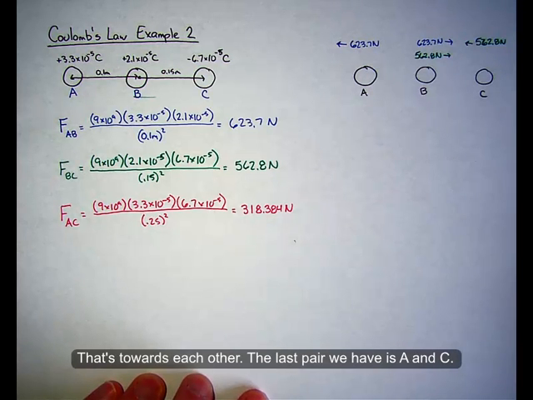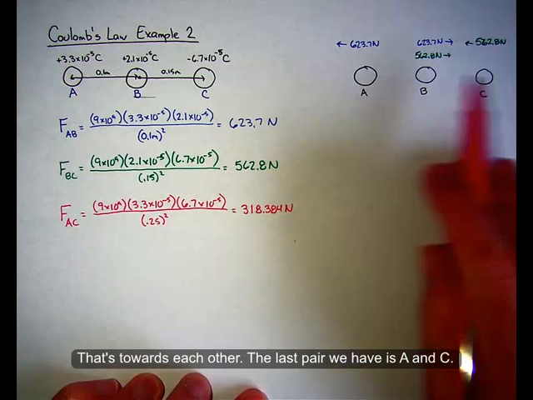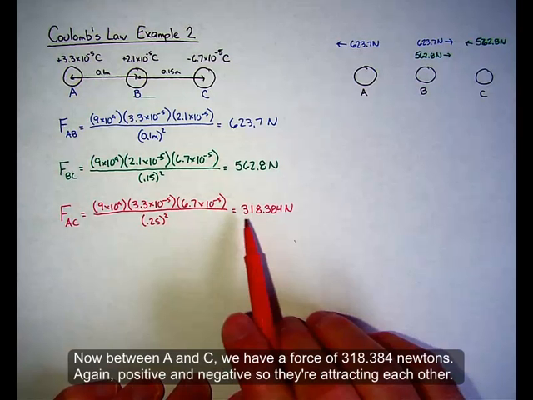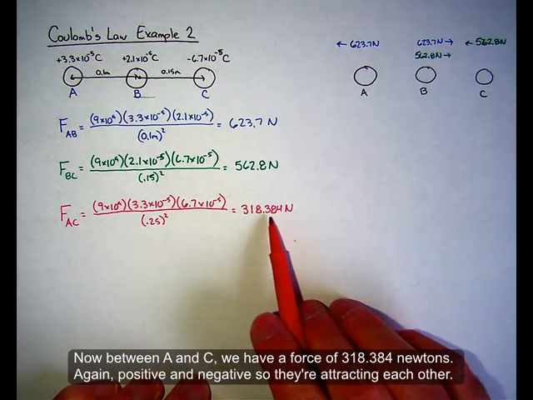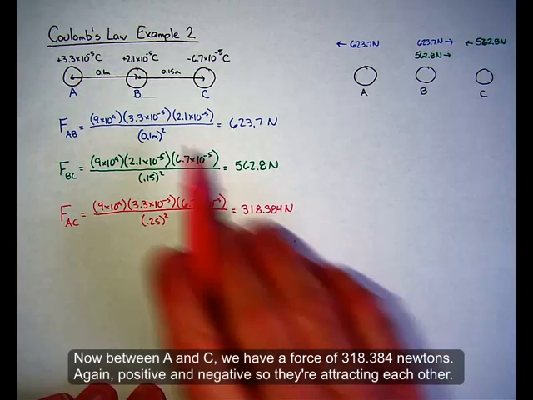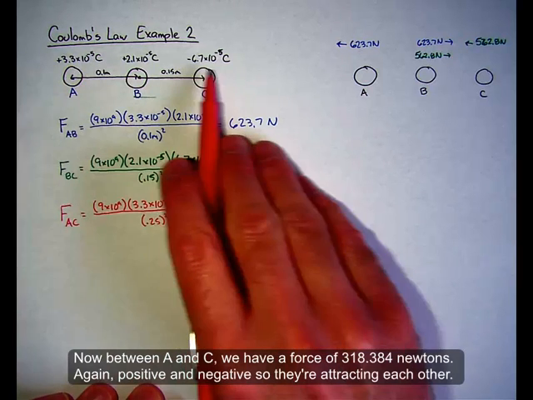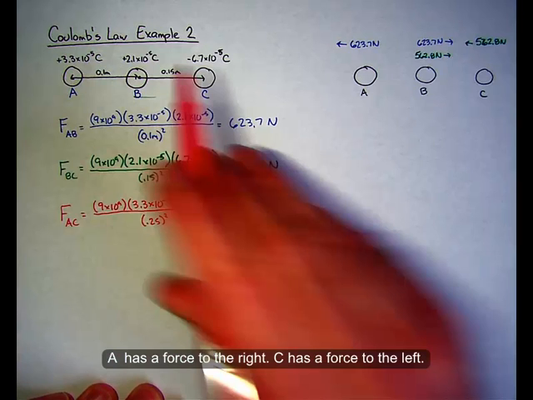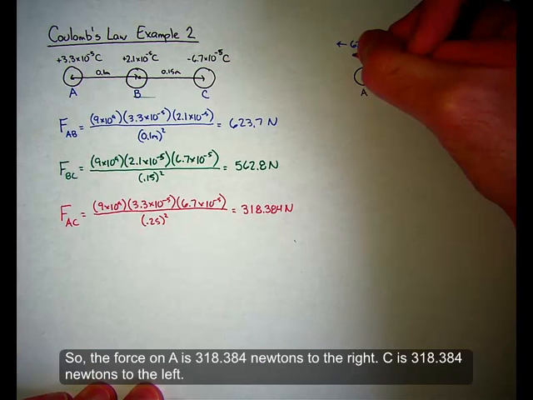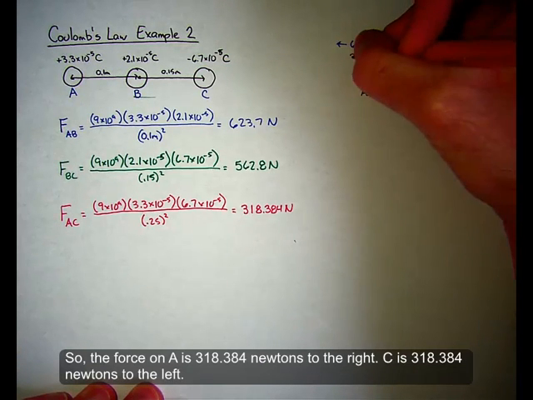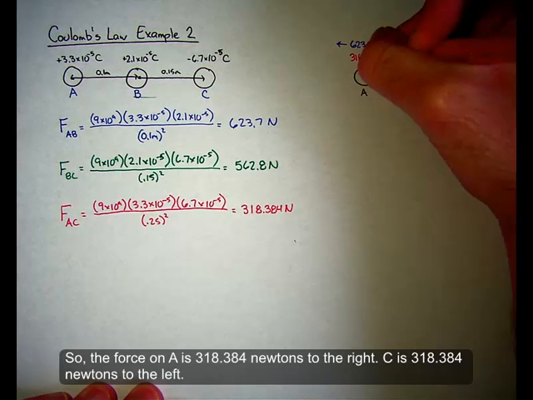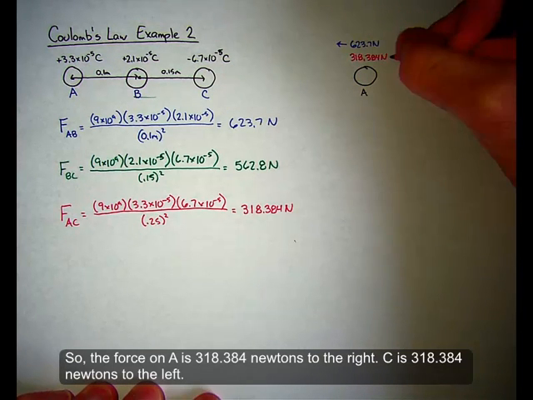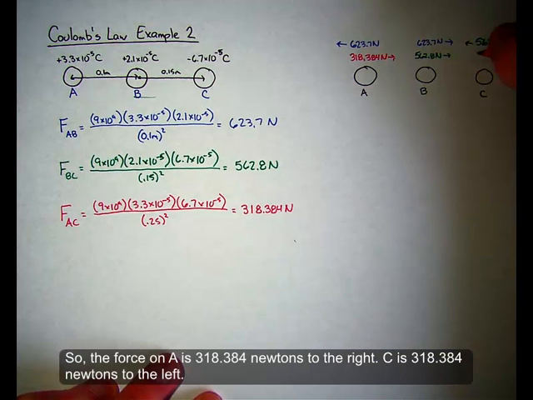And then the last pair we have is A and C. So between A and C, we have a force of 318.384 newtons. Again, positive, negative, they're attracting each other. So A has a force to the right, C has a force to the left. So the force on A due to C is 318.384 newtons to the right, and then C is 318.384 newtons to the left.